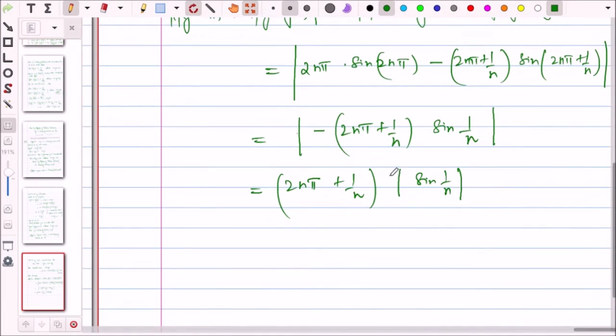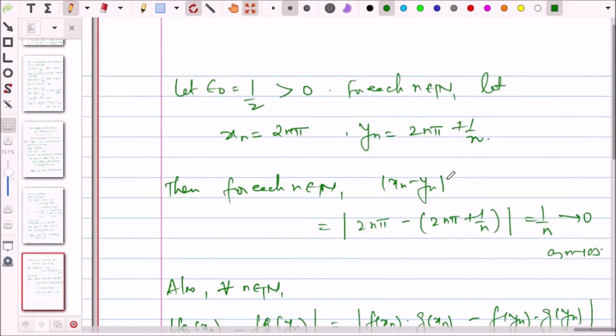Because we want it to be greater than ε0, we cannot replace this by 1/n, so we will have to replace this by something smaller, because we want to prove it is greater than 1/2.